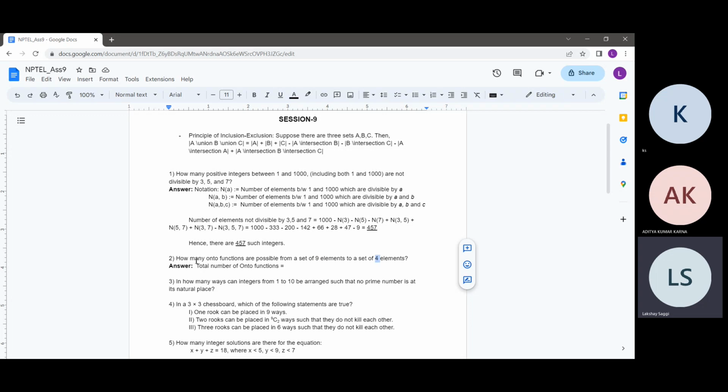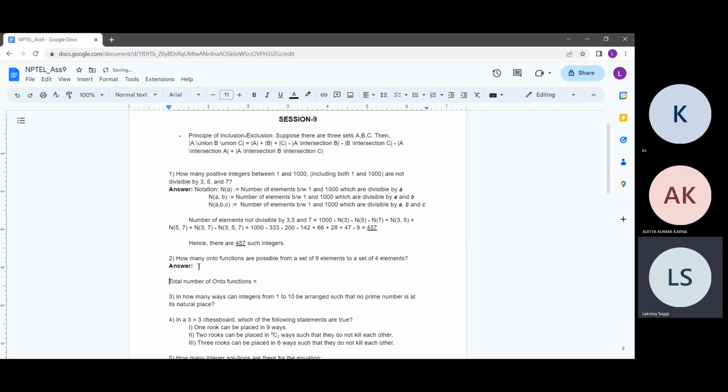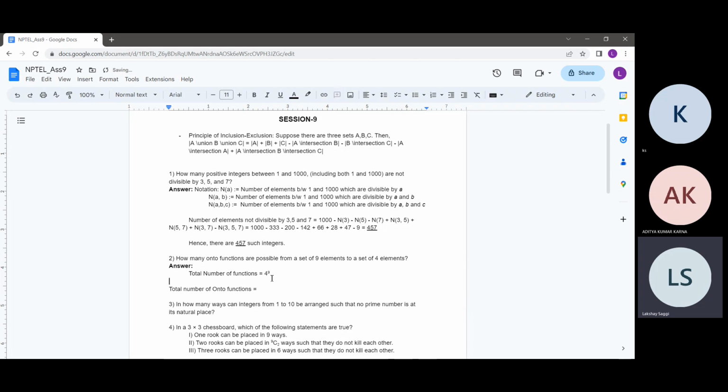So the total number of functions is 4 to the power 9, right? But what I want is actually the number of onto functions. So in a similar manner as I did here, I'll be doing the calculations here also.